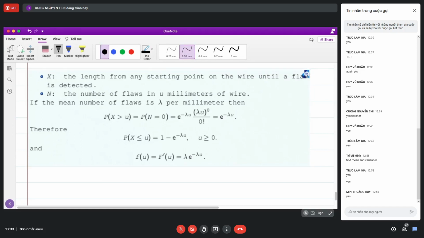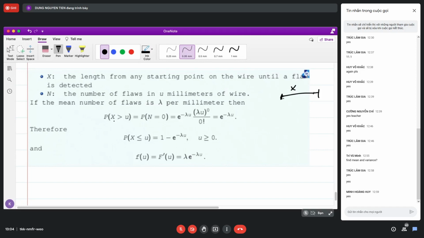Then suppose that the length between two flaws is X, and N is the number of flaws in u millimeters of wire. If the mean number of flaws is lambda per millimeter, then we can find the probability that X is more than u.